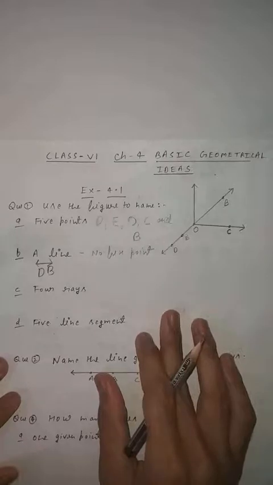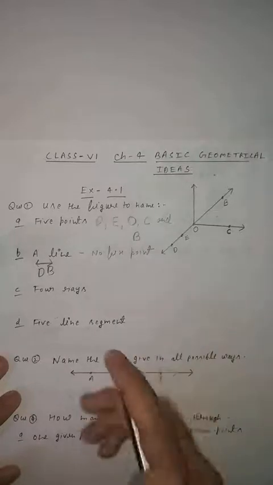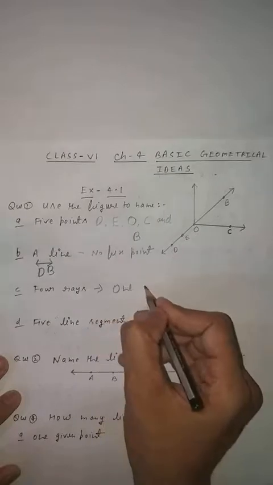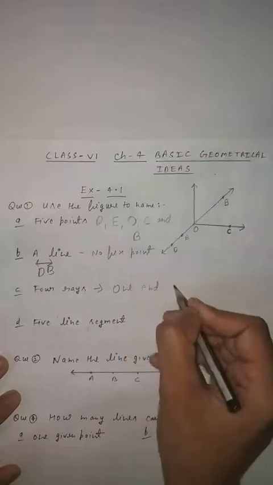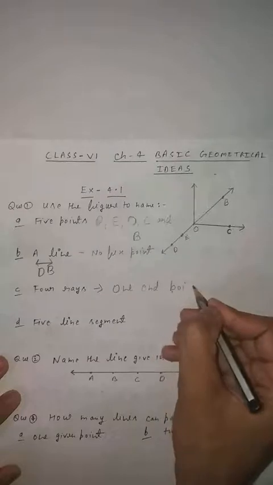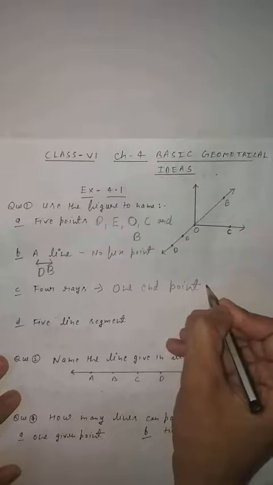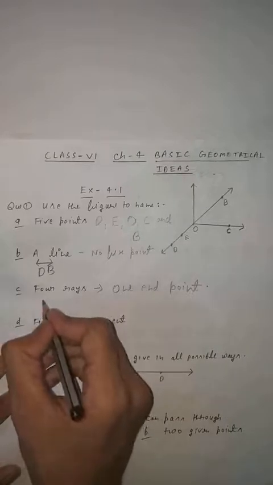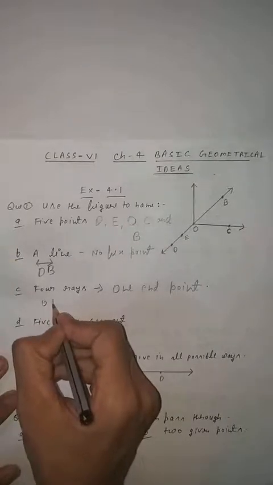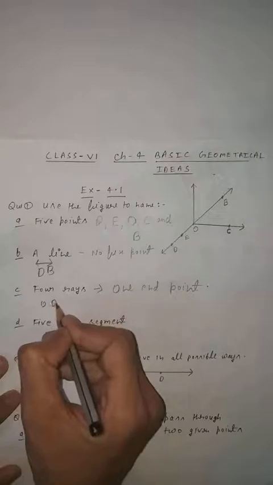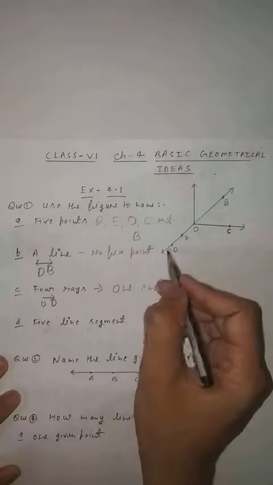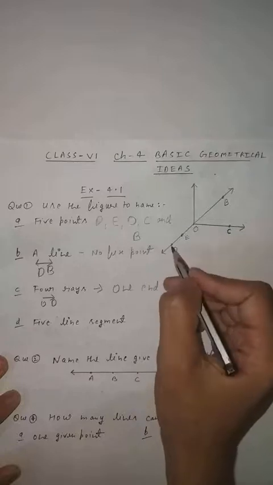Now you have to find out 4 rays. Clear students? Ray means what? Having one end point, meaning one point is fixed. So many rays are given in the figure, but here I am writing some. So OD you can write down as the first ray. Clear students? OD, first ray. O is fixed but D is not fixed.